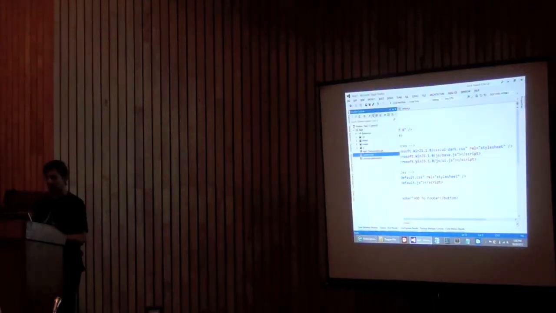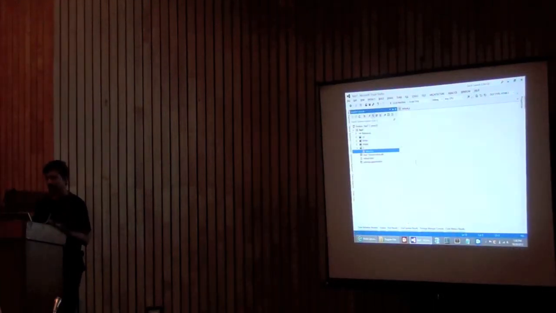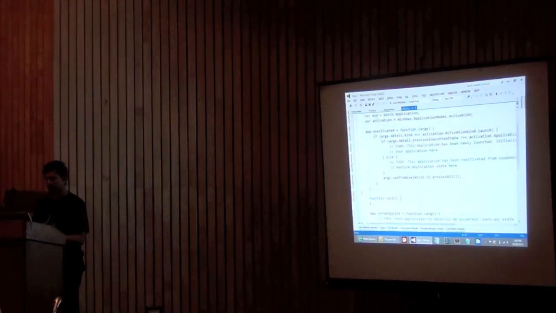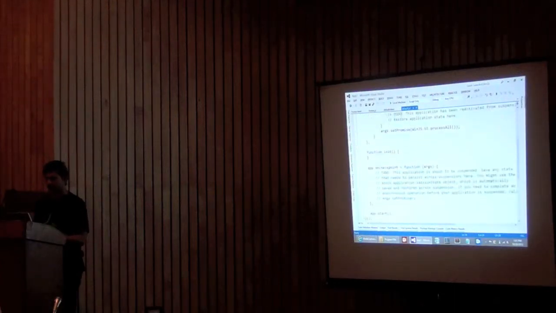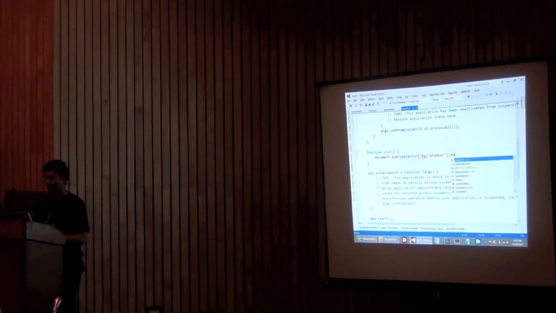And what I would do is, if you look at the coding patterns, it's very similar to how you do web development. So I'll go to my default.js. When the application is activated, I'll call my init function here, and in init, I'll say document.querySelector, select my button, go to foobar. I'll add an event listener to the click.